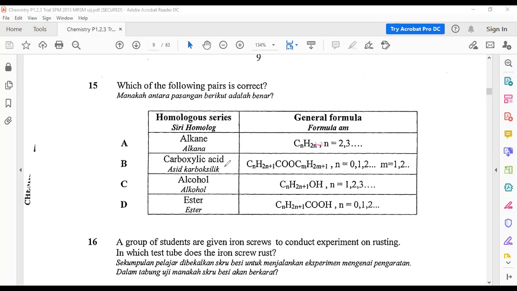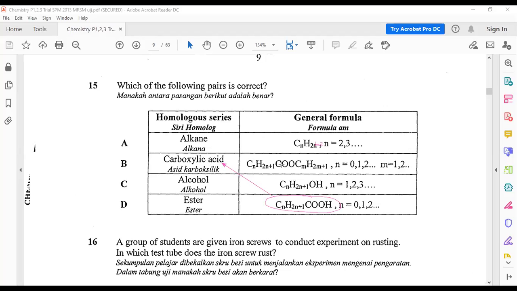Now, carboxylic acid, why is it wrong? Alvin, why is this wrong? It should be CnH2n+1COOH. Yes, this should be the general formula for carboxylic acid. Now, can you see this one?